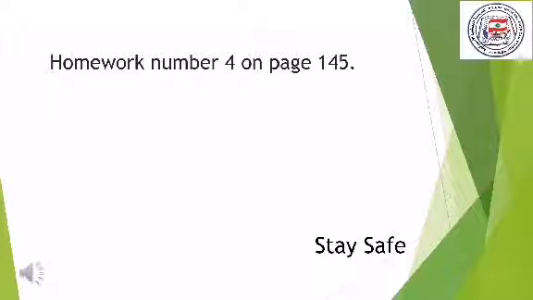After watching this video and reading page 144 in order to understand this lesson well, I want you to solve as homework number 4 on page 145. Let's read the question together. Put your finger on the first word so you can follow. Number 4, classify. Read about the animals on this page.